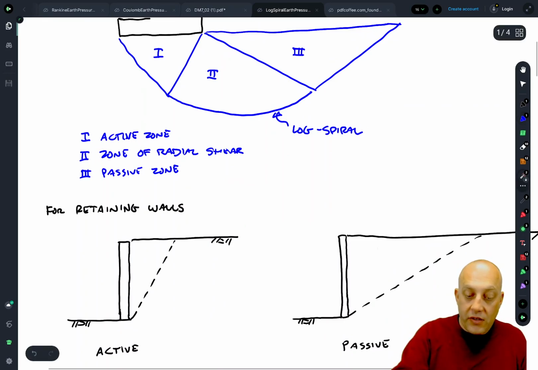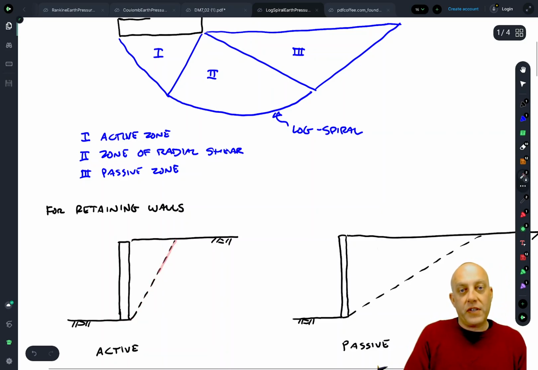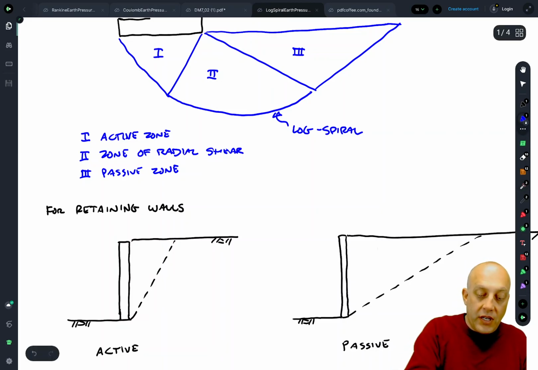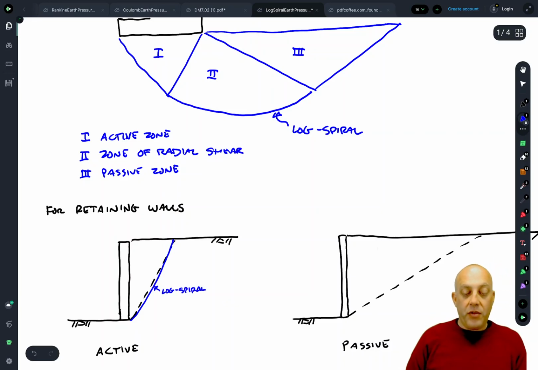This little dashed line that I've drawn there for a retaining wall might be the planar failure surface that we've assumed for Rankine and Coulomb earth pressure theory. Well, the log spiral failure mechanism is probably pretty close to that, maybe something like this, right? So that would be the log spiral. And as a result, the earth pressure that you get from the planar failure surface is actually pretty accurate.